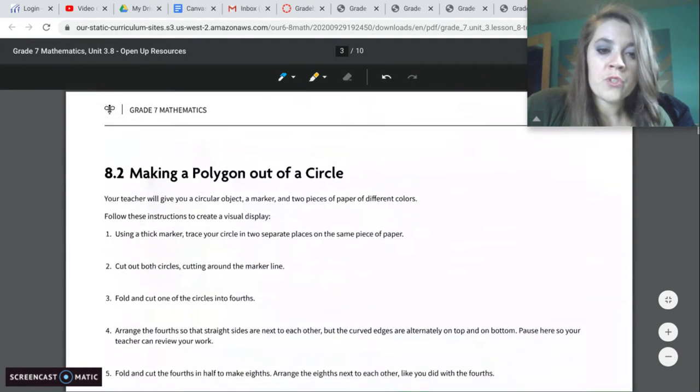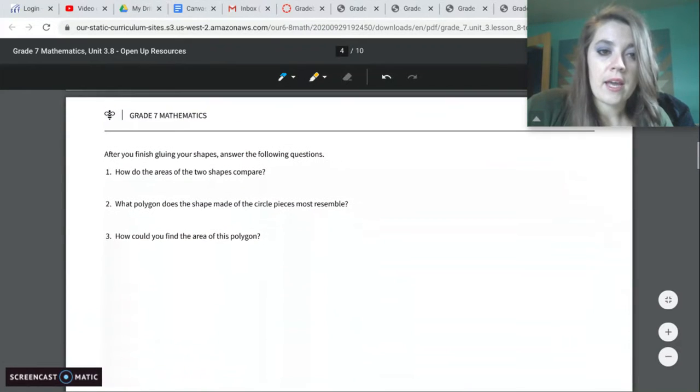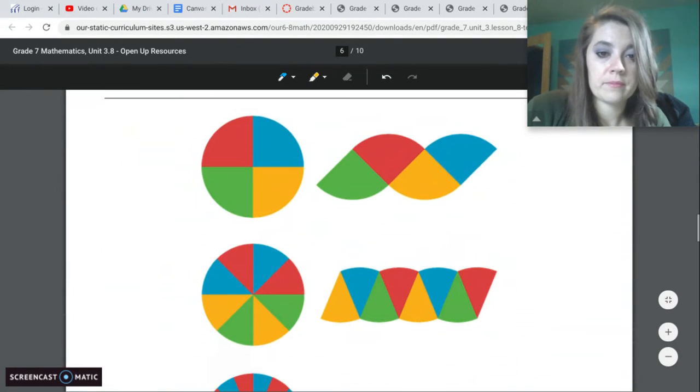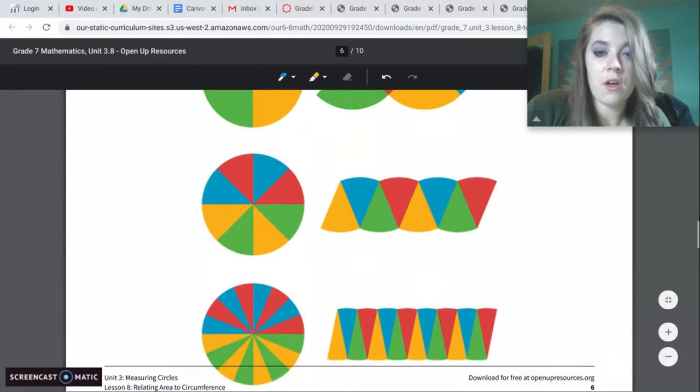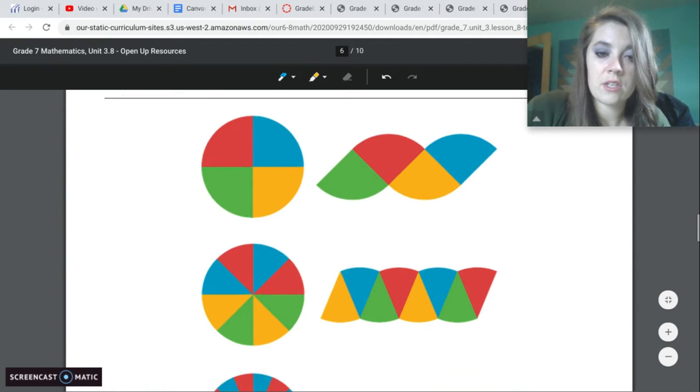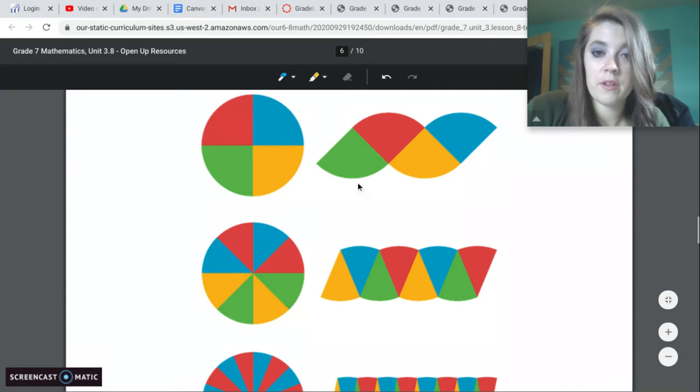All right, so the next thing we're looking at. So this is all showing how we can take shapes and split them apart and form other shapes. And the more parts we make in a circle, so like in this one, we split it into fourths and then put the fourths together, and we have a very curvy shape.